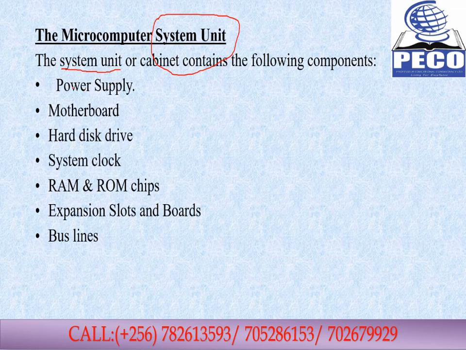So simply you'll say within the system unit we have the power supply, the motherboard, the hard drive, system clock, RAM and ROM chips, or random access memory and read-only memory chips, expansion slots and boards, and bus lines. These are basic components that can be identified within the system unit, but there are several others.